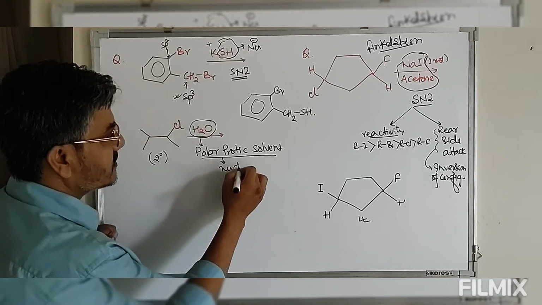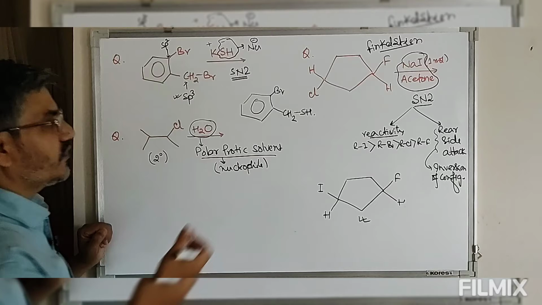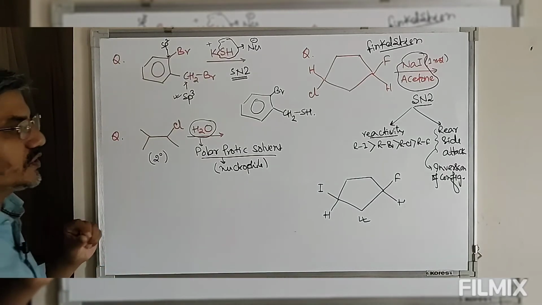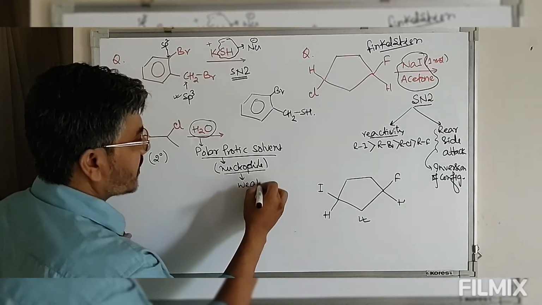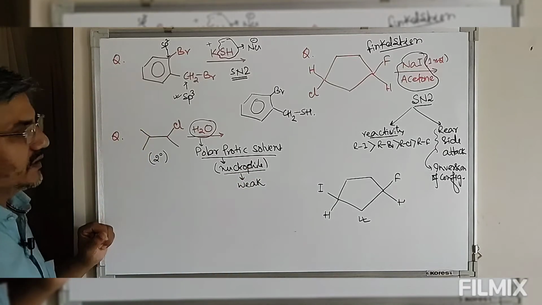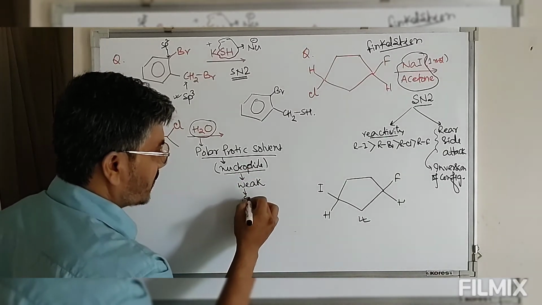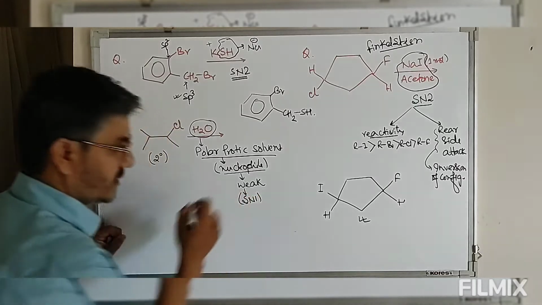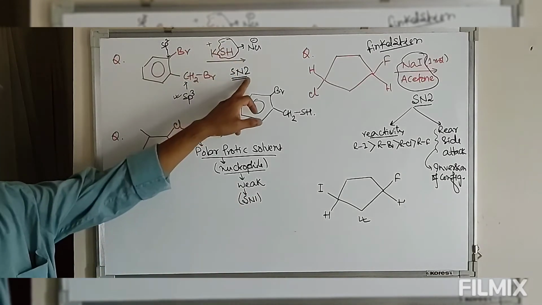So now look at this. This is a nucleophile. As a nucleophile, this H2O is a weak nucleophile. Since this is a weak nucleophile and the substrate is secondary, the reaction has to follow SN1. In the presence of a strong nucleophile, the reaction is SN2.